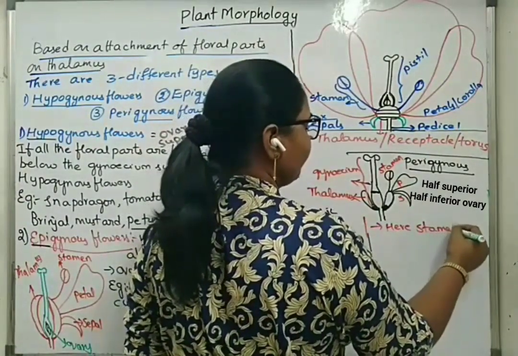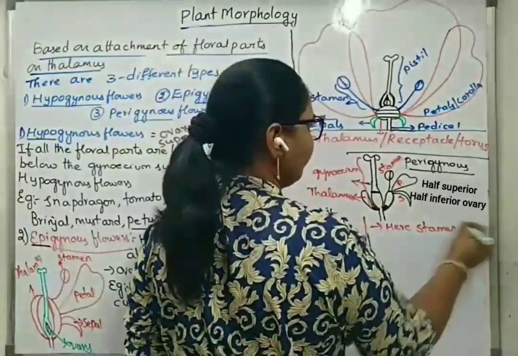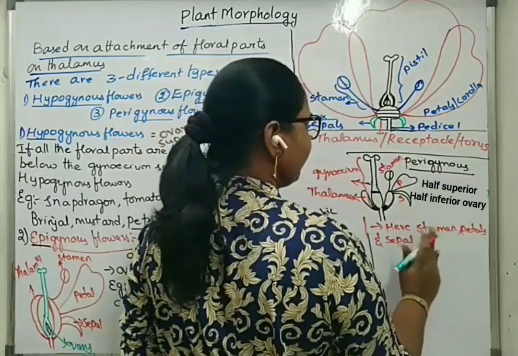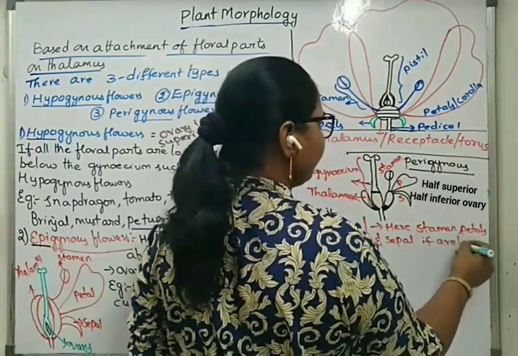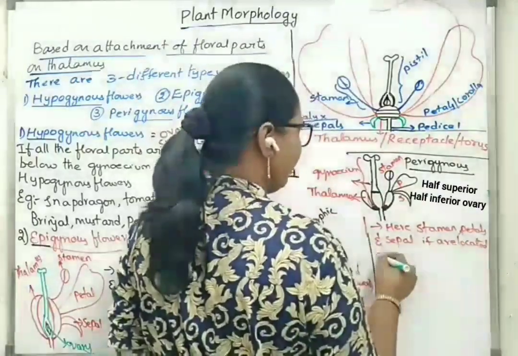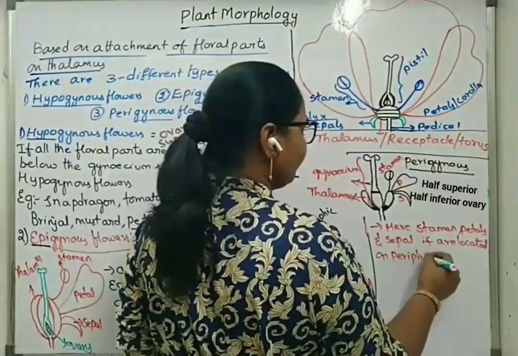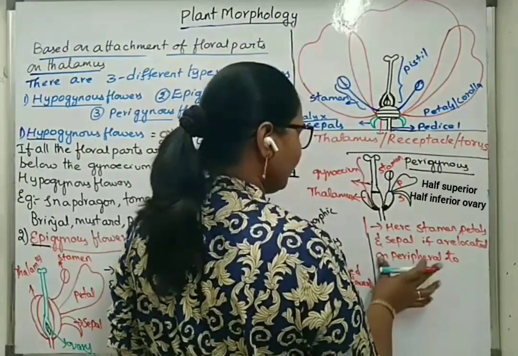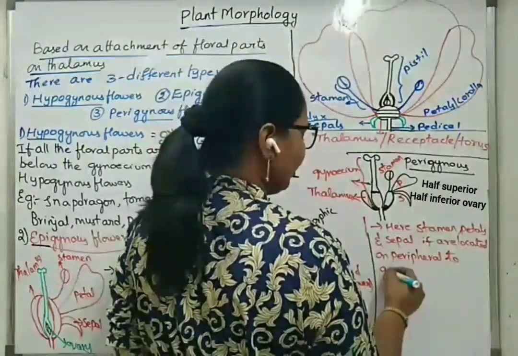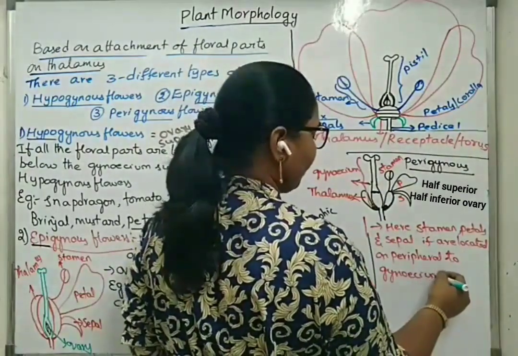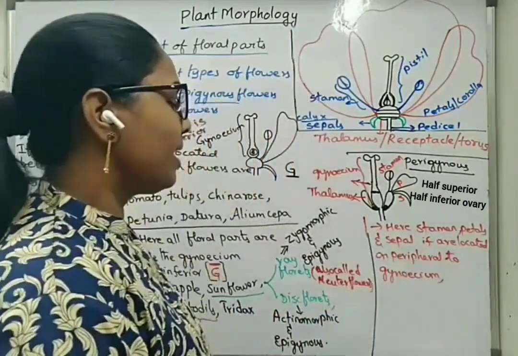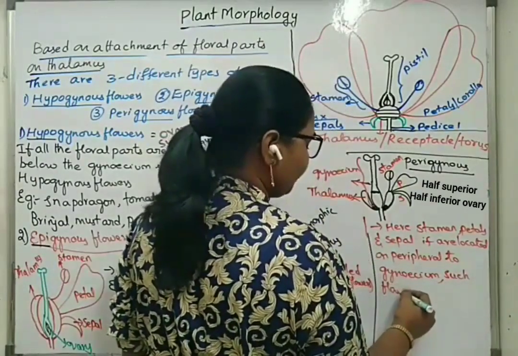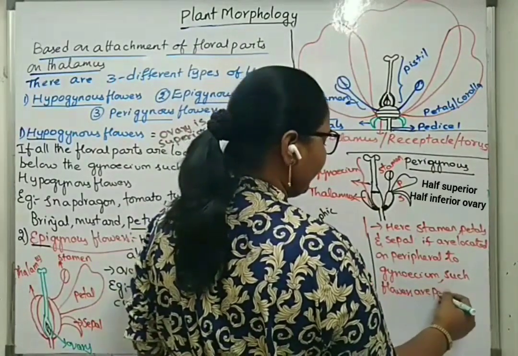Stamen, petals and sepals, floral parts, if are located on peripheral to gynoecium, ovary of gynoecium, then such types of flowers are said as perigynous flowers. Such flowers are perigynous.